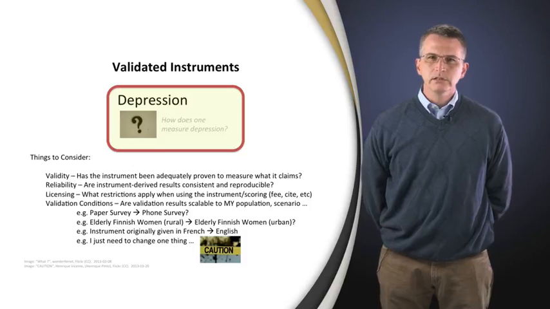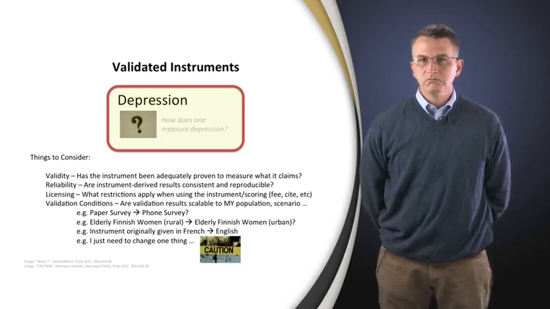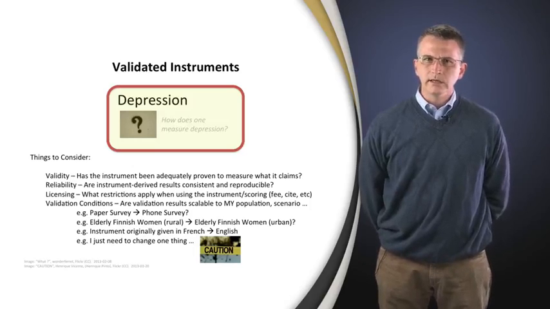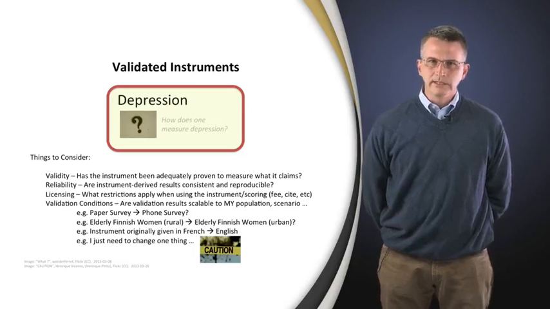This depression, as measured in a French-speaking format, we're going to flip it over to English. What does that mean? And can I still use it? And does it still make sense? I would always be careful of just saying, I need to just change one thing, and then it meets our needs. Because once you've changed that one thing, you've possibly invalidated the validated instrument.